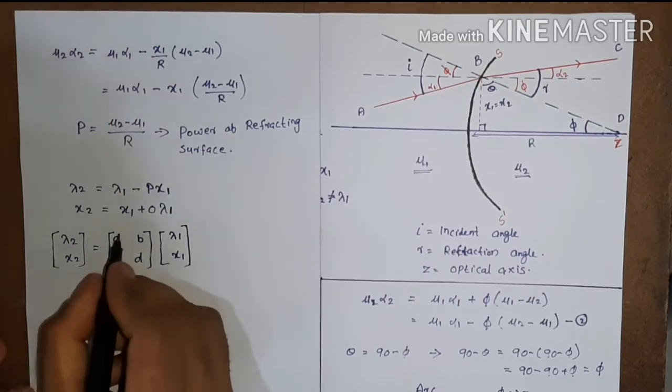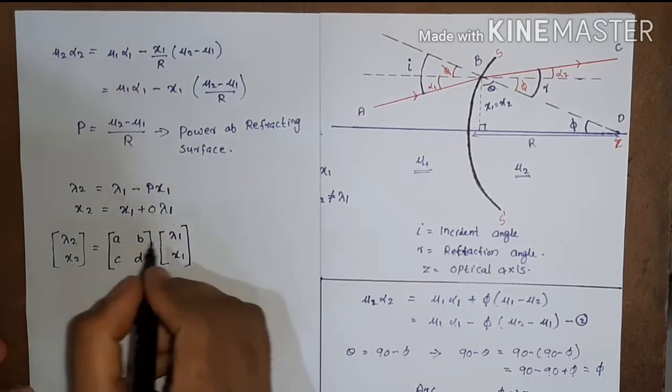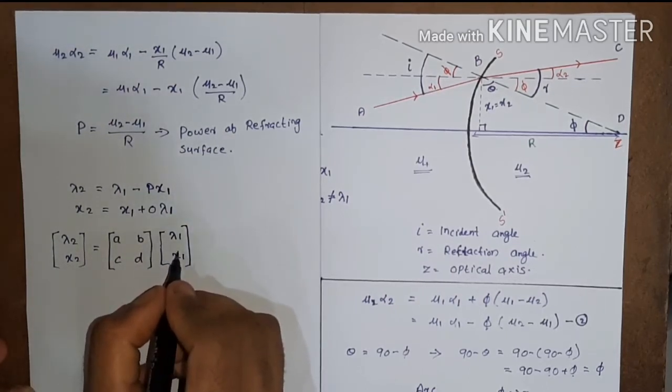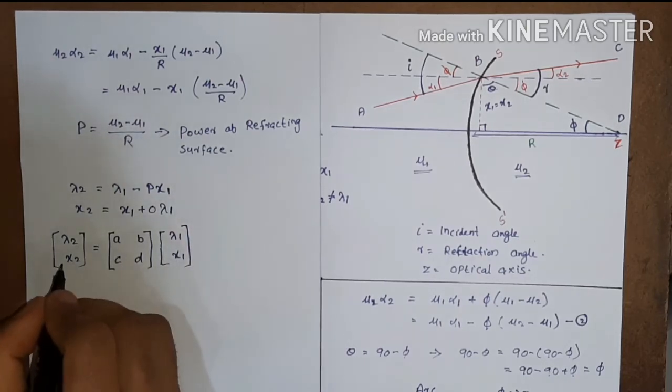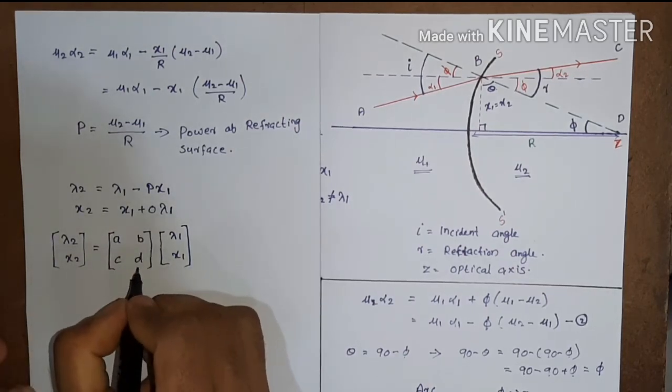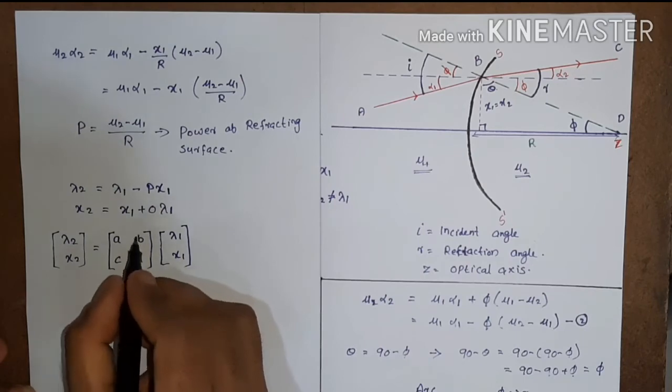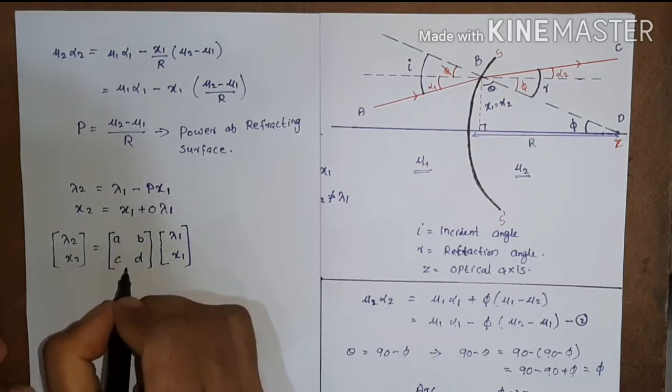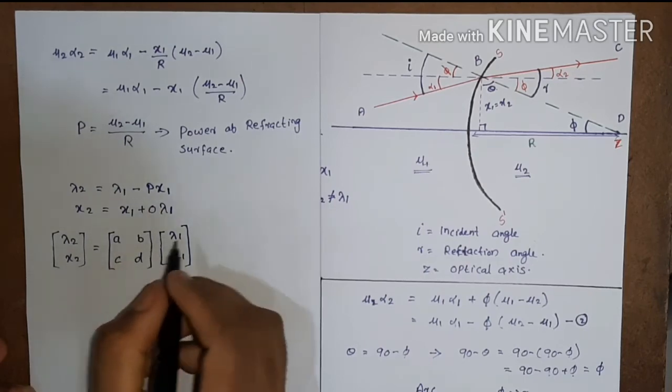If this square matrix is operated on the coordinates of the point just before the refraction, I can obtain the coordinates of the point just after the refraction, and so this operation is nothing but the process of refraction. So this matrix is called the refraction matrix.